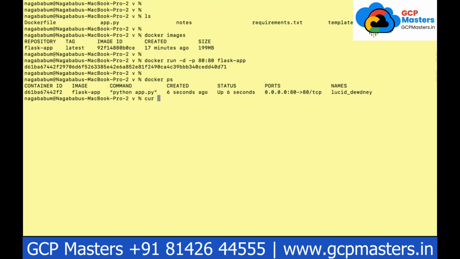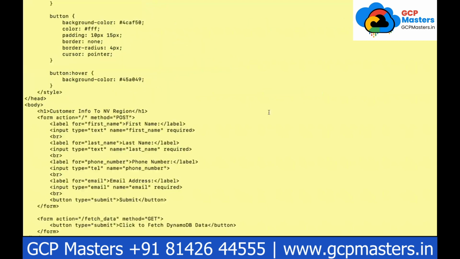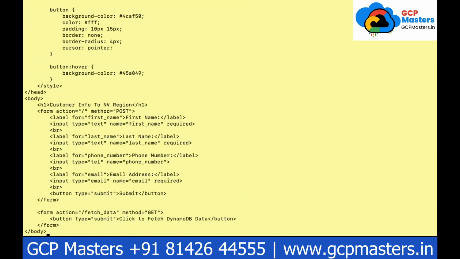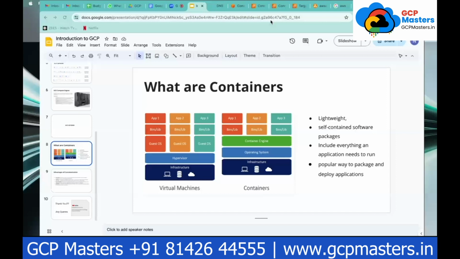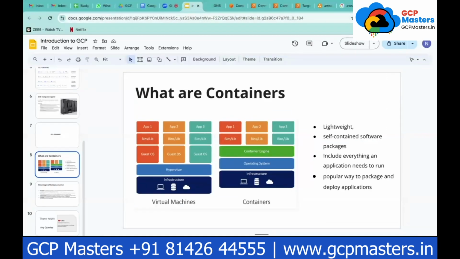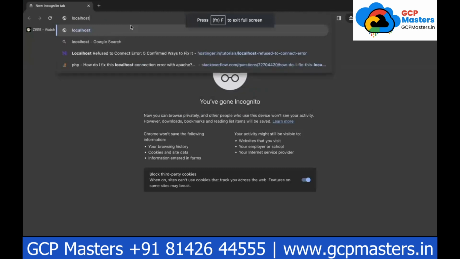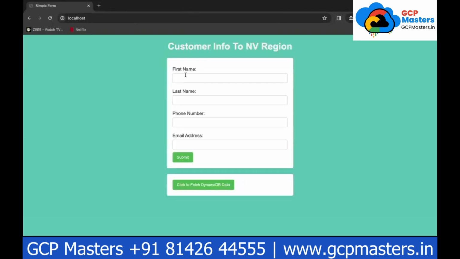Now if I give curl localhost, I should be able to get whatever application is running in the container. I can simply open an incognito window, give localhost here, and I should be getting this web page.